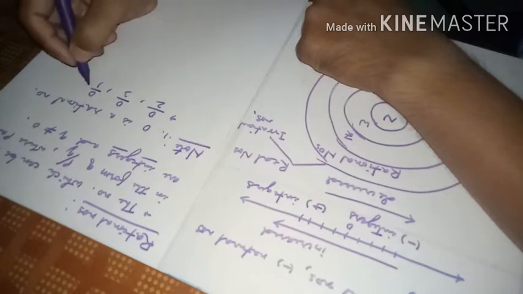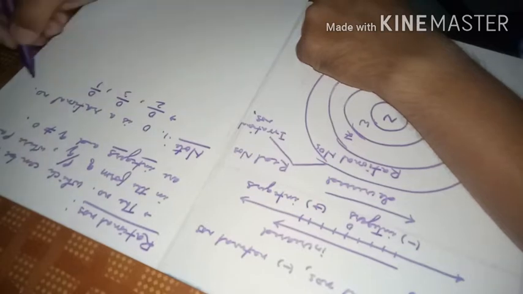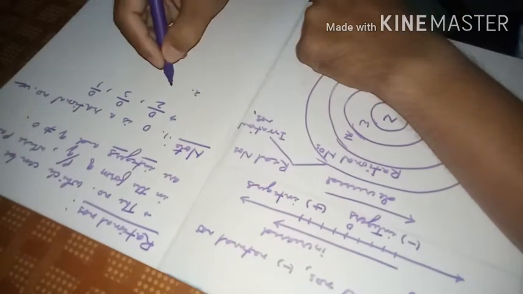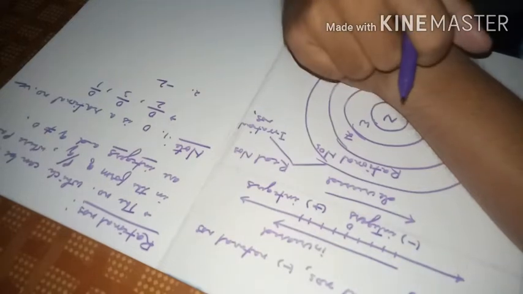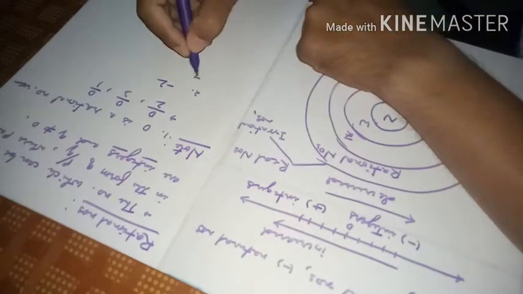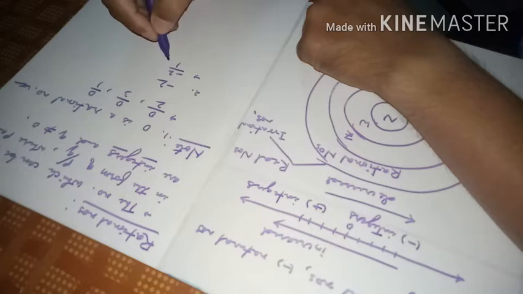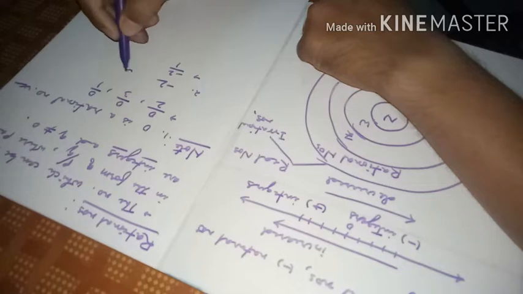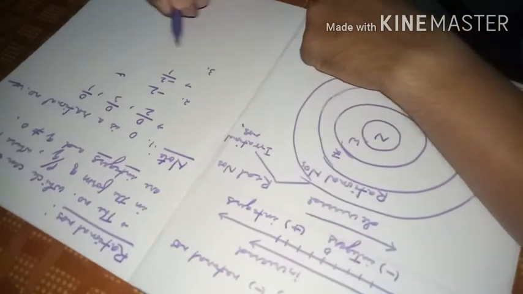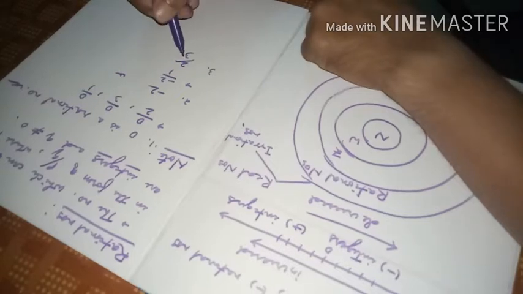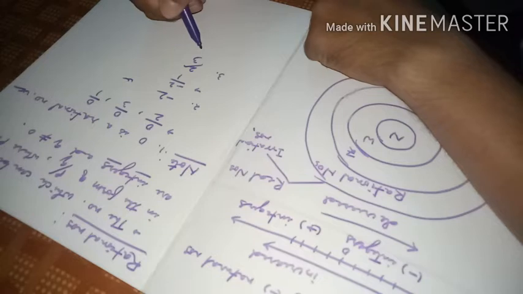So it is in the form of p by q. That's why 0 is a rational number. Then is -2 a rational number? Yes, -2 can also be written as -2 by 1, so it is in the form of p by q. So -2 is also a rational number. Similarly, 2 by 3 is of course a rational number because it is in the form of 2 by 3.